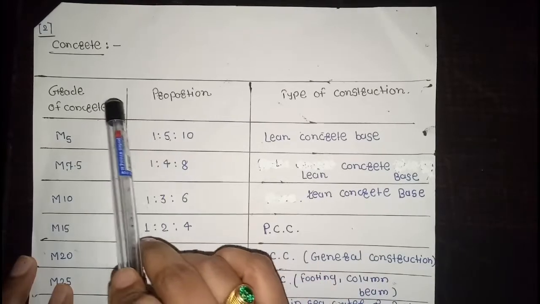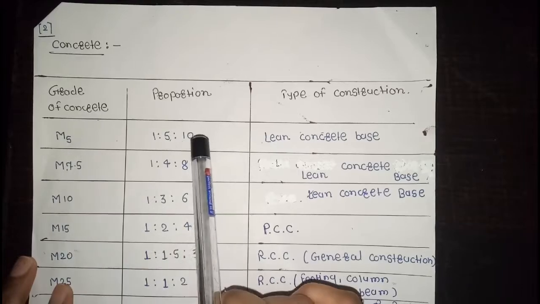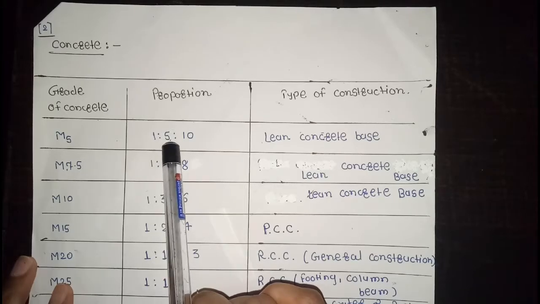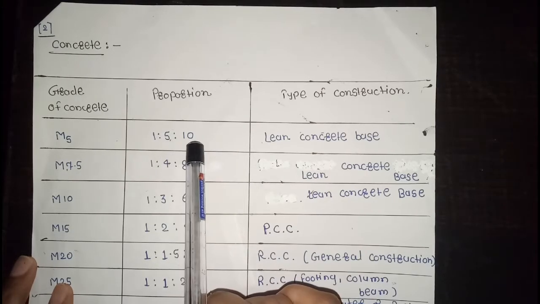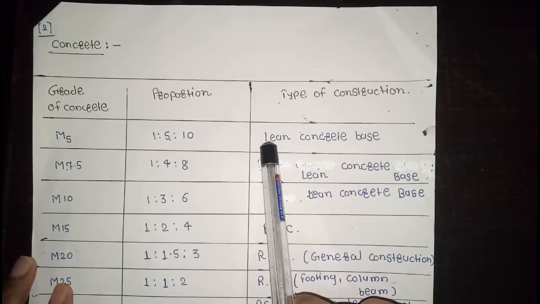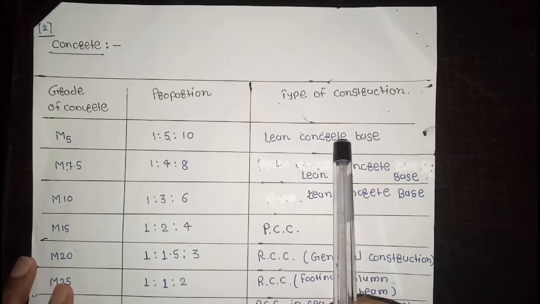So what is the proportion of grade of M5 concrete? 1:5:10. 1 part of cement, 5 part of sand and 10 part of aggregate, which is used for lean concrete base.